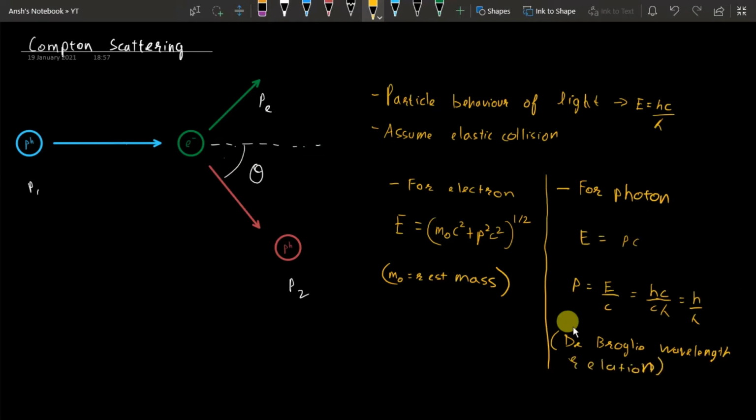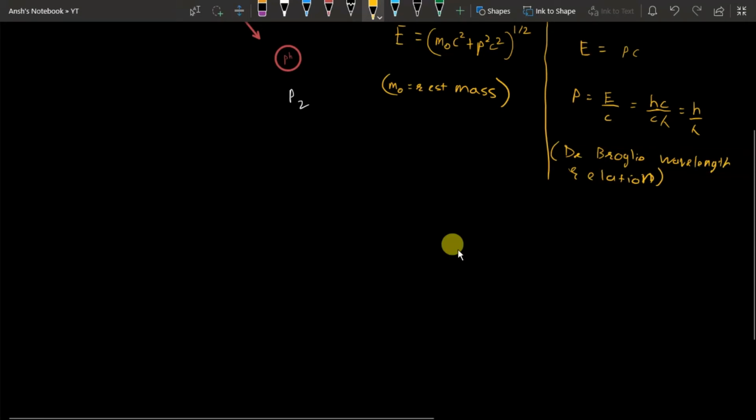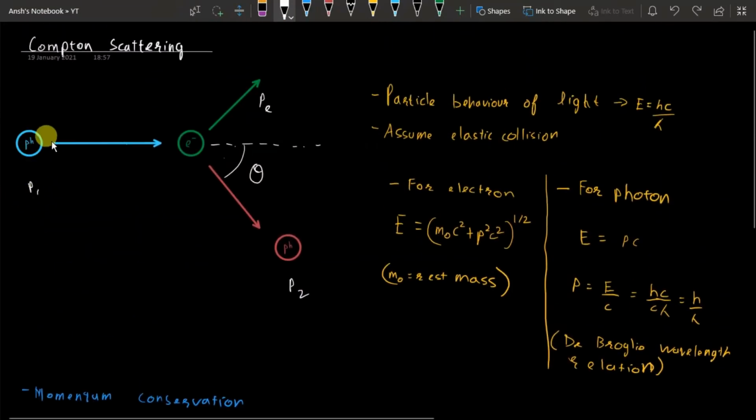Now let's go on and use momentum conservation and energy conservation for this problem. So let us start with momentum conservation first. In momentum conservation, we can see that initially only the photon has a non-zero momentum, which is p1.